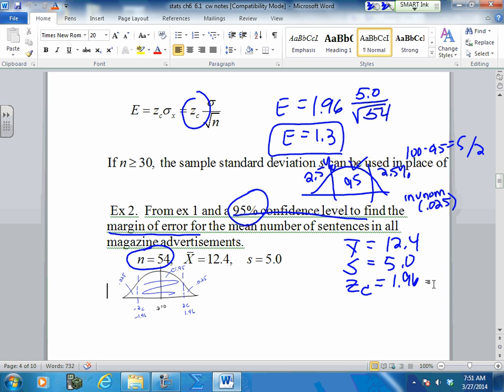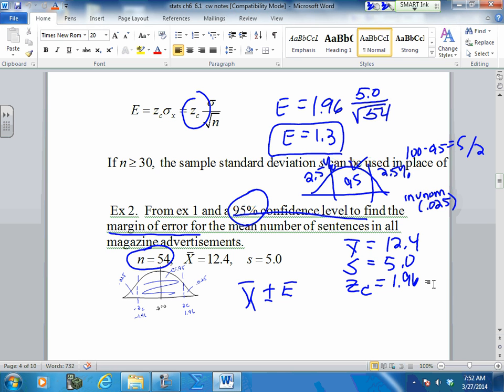Now, if you notice, and you put this in with a negative, you're going to get a negative 1.3. It's okay, only because when we do this, we take your mean plus or minus your margin of error. When we do the plus or minus, it's kind of going to wash itself out. But your margin of error should be a positive number. It's the leeway on both sides.